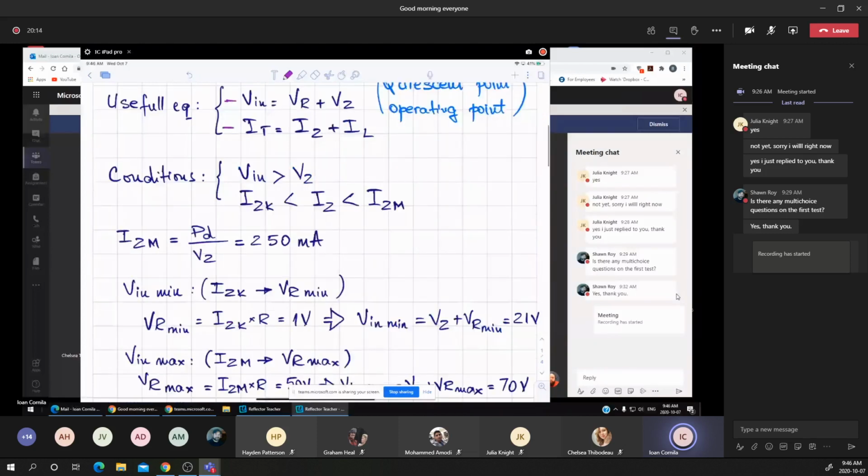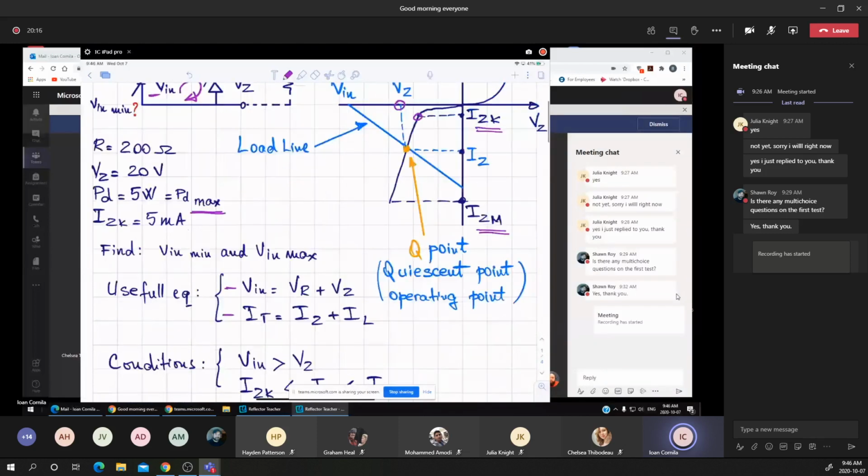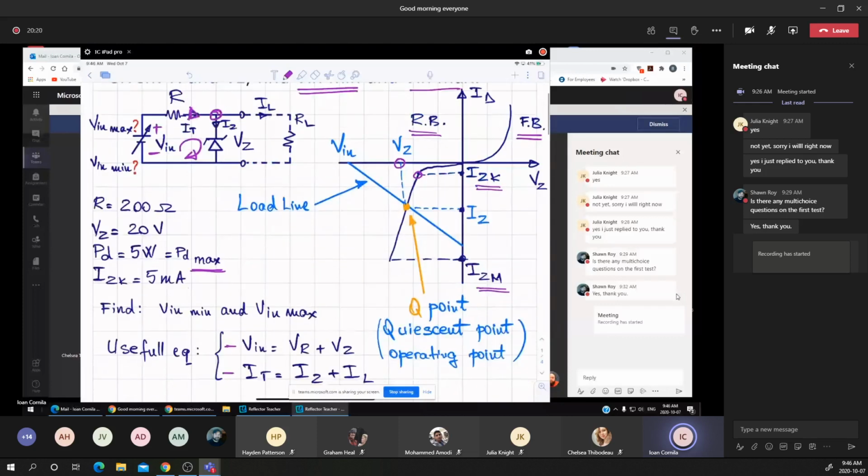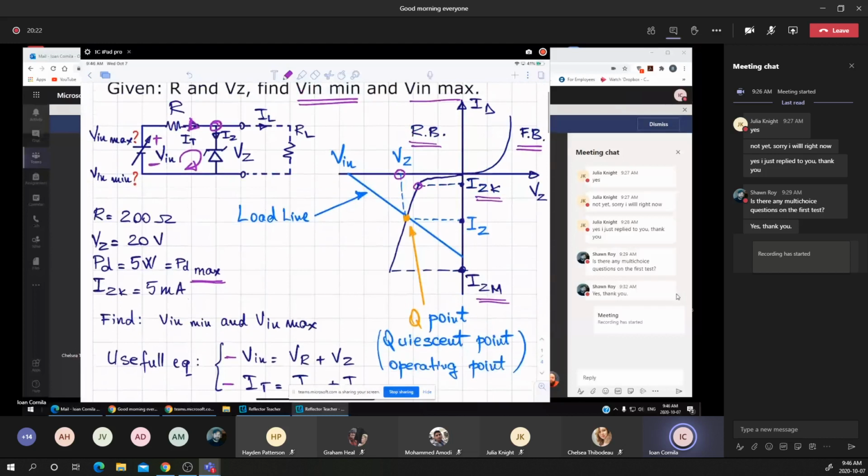Now, you notice that in this given problem, let's say the resistance is given, the voltage V_set is given, the power dissipation and the minimum current. The question is, you notice that this maximum current is not given. But I mentioned that the maximum power dissipation is given.